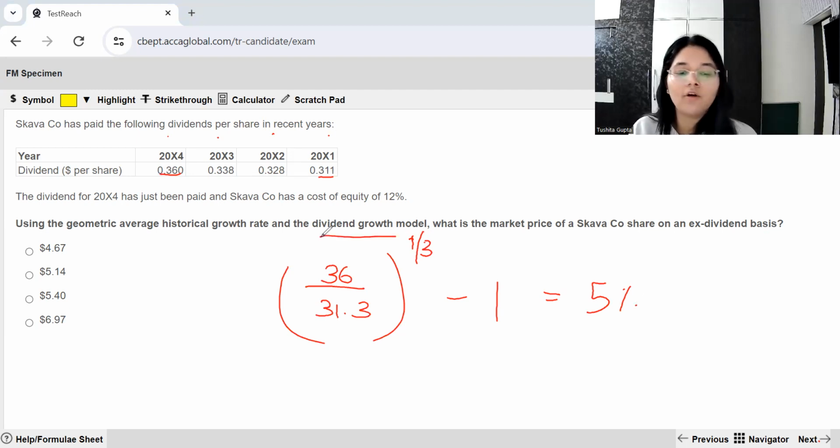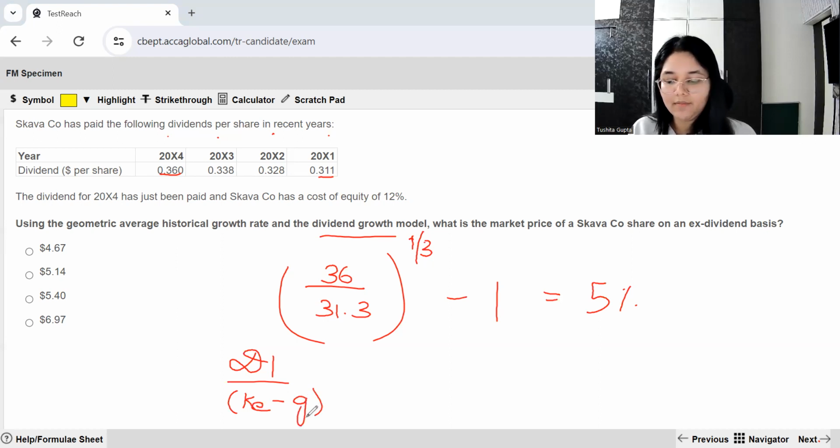Now using the DVM model, I need to find the market price of the share. The formula is D1 upon cost of equity minus g. D1 is nothing but the dividend which will be paid in the next year.